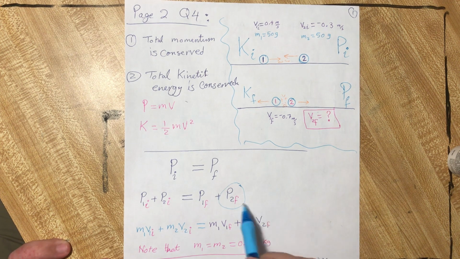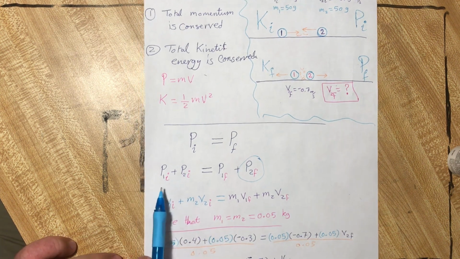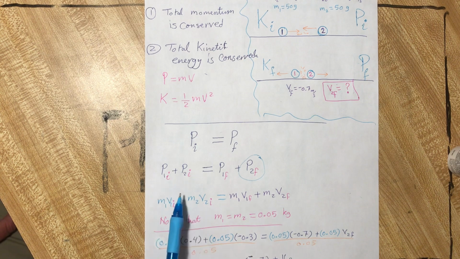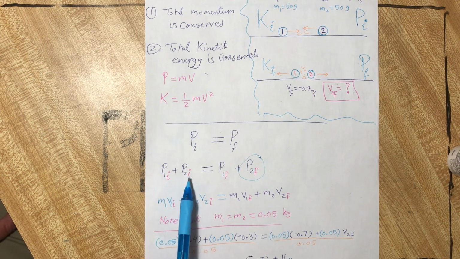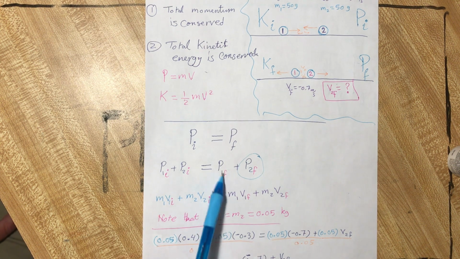to find the velocity. Okay, the momentum formula is mv. I'm talking about the first ball, m1 v1 initially, plus P2 initially. P2 is m2 multiplied by v2 initially, which is also equal to P1 finally.